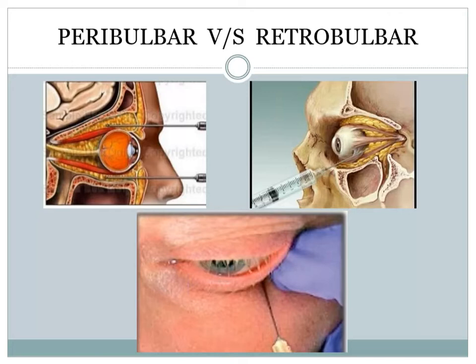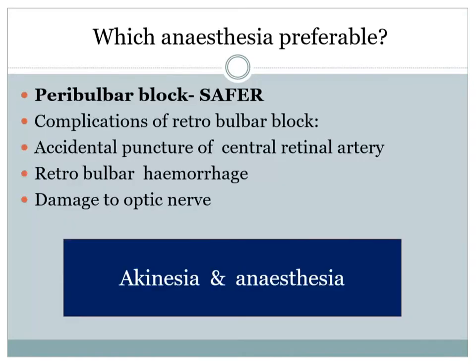It is going to pierce into the substance of the optic nerve and run within it, isn't it? The needle you use in retrobulbar block is very long, so the needle can sometimes hit the central retinal artery. In that case, it will cause another complication called retrobulbar hemorrhage.